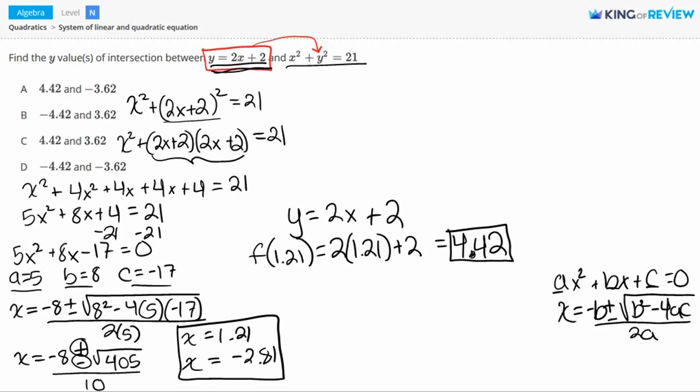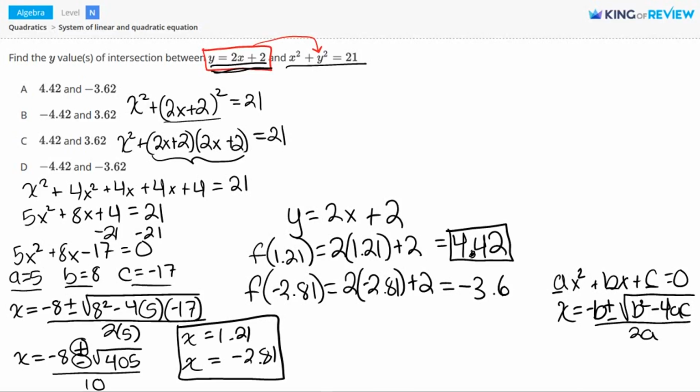Now let's plug in our other x value, f of negative 2.81. This equals 2 times negative 2.81 plus 2, and this equals negative 3.62. So this is our other y value, or y-coordinate, of the point of intersection. So letter A is correct.